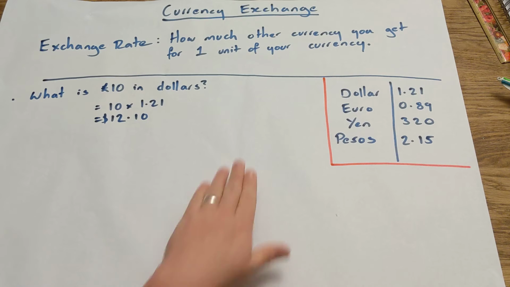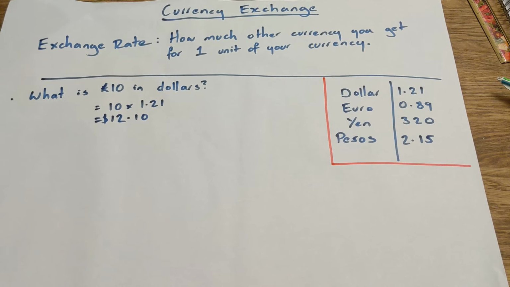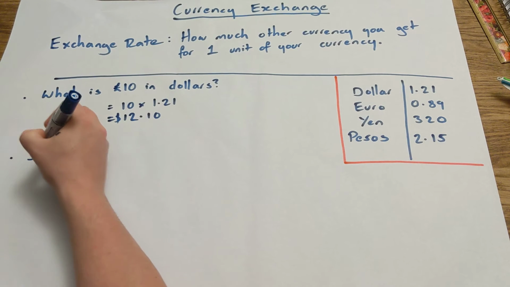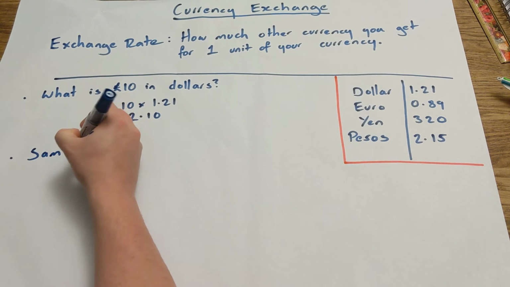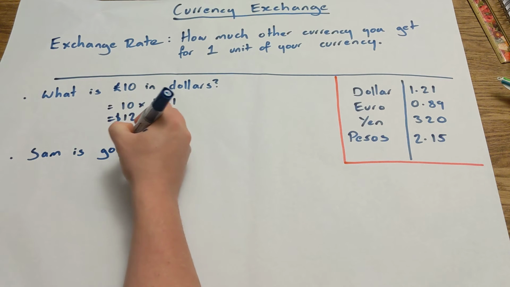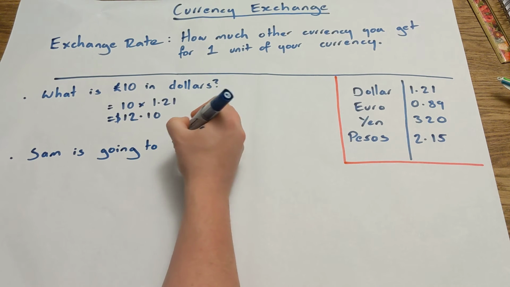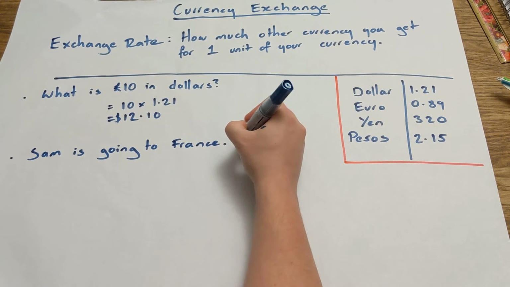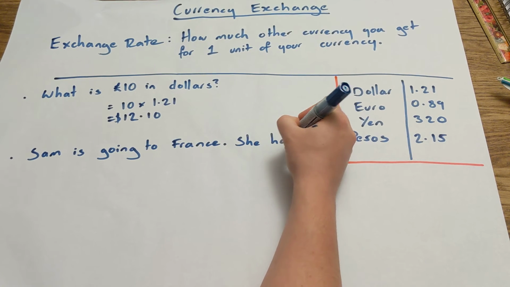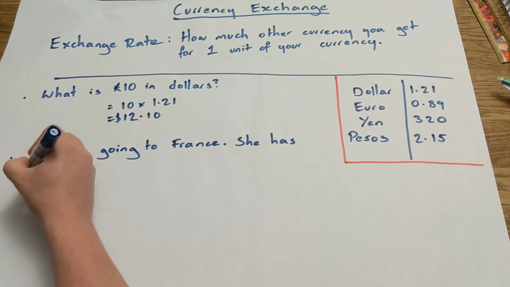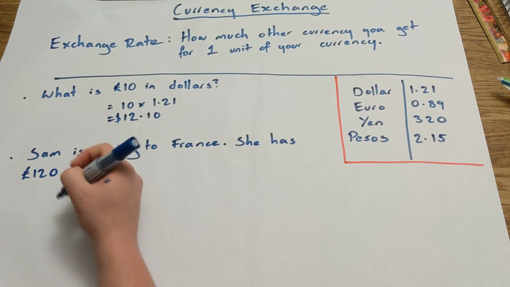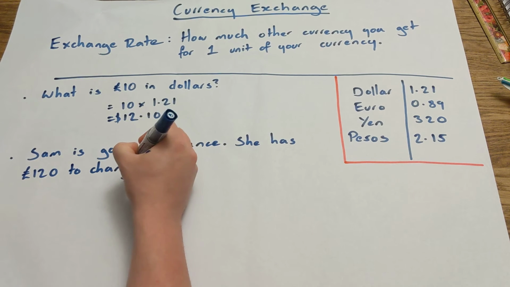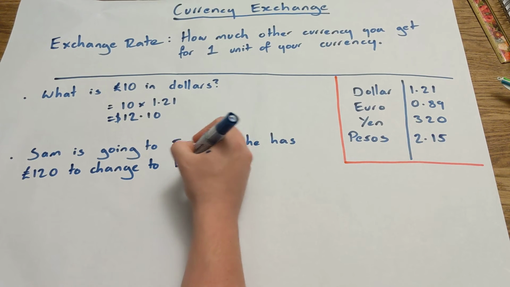Okay, so let's look at now a different example with a bit more context. Let's say Sam is going to France. She has £120 to change to euros.